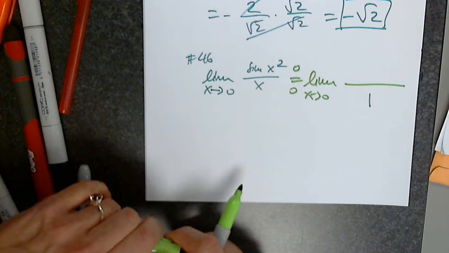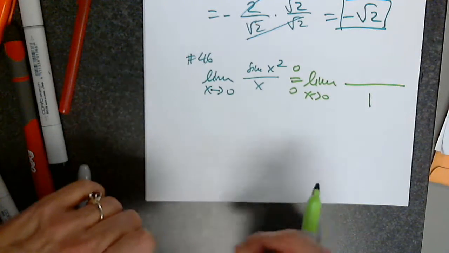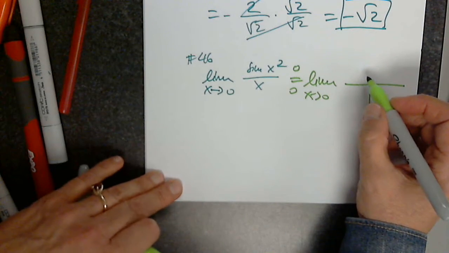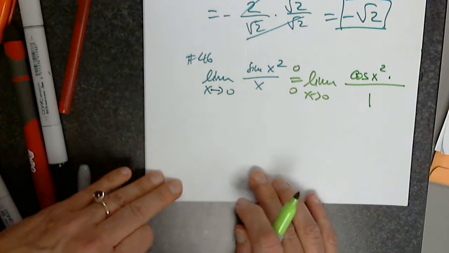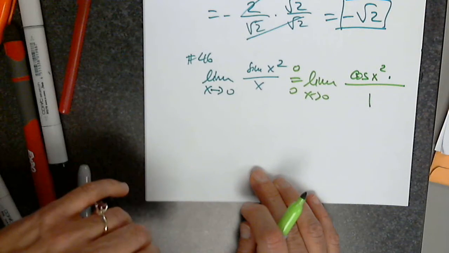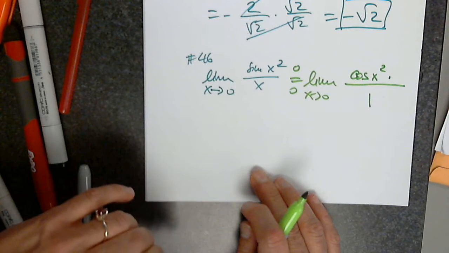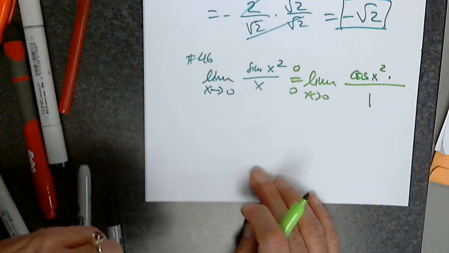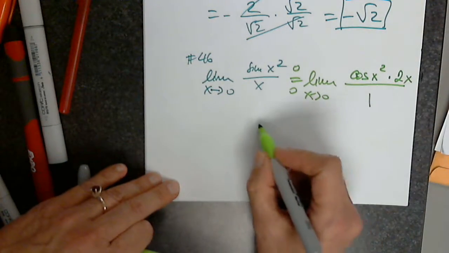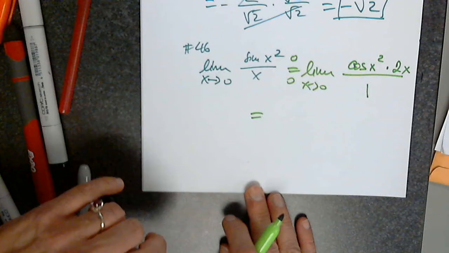The derivative of sine is cosine. Cosine x squared times the inner function prime, 2x. Good, so let's plug in 0 again.